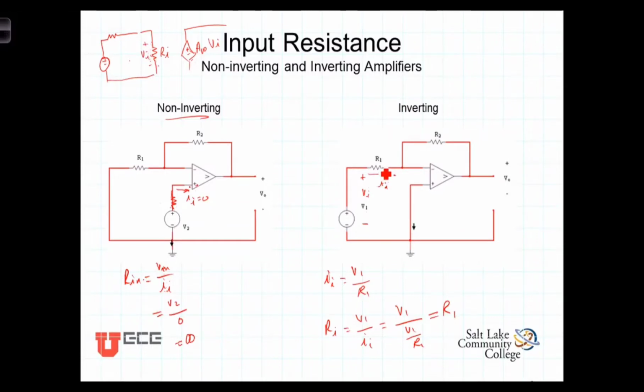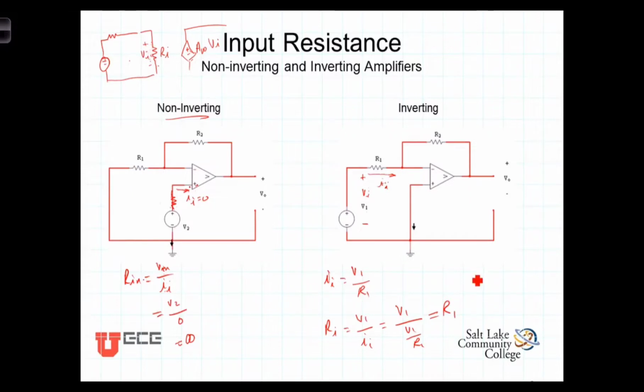Well, what's the problem with that? In order to make the input resistance of the inverting amplifier large, where the input resistance is just R1, we'd have to make R1 large. If we wanted it, say, to be on the order of a megaohm, we'd have to make R1 be 1 megaohm. That in and of itself isn't a problem. Where does the problem come from?